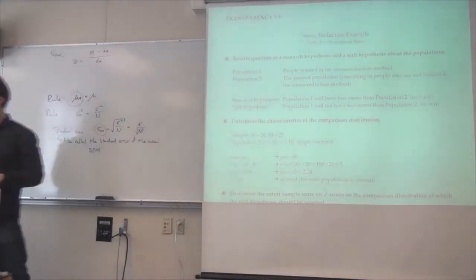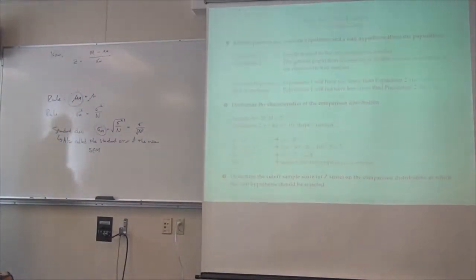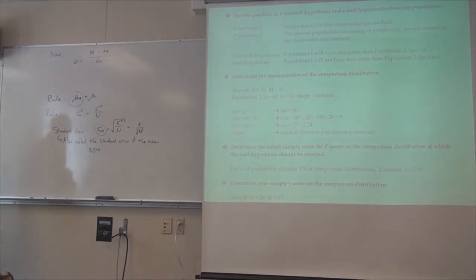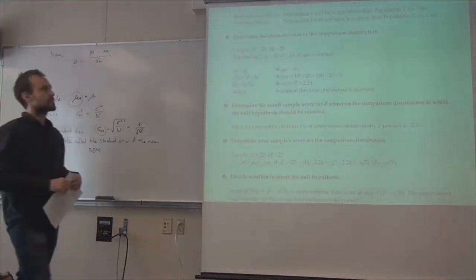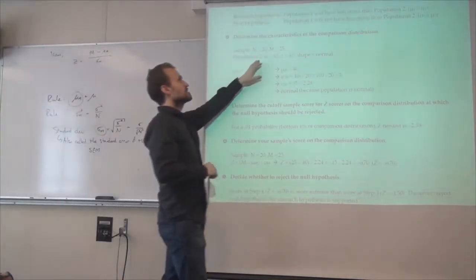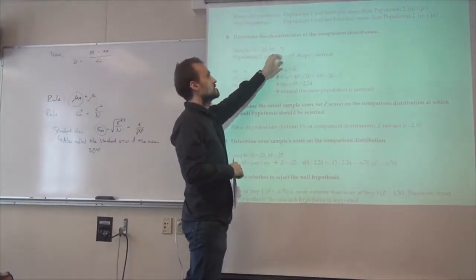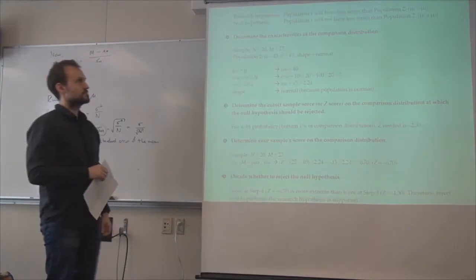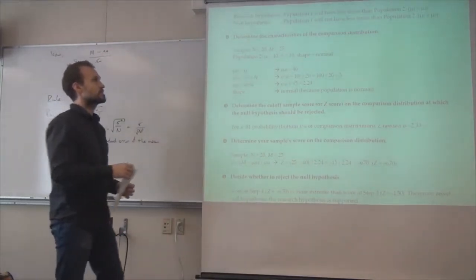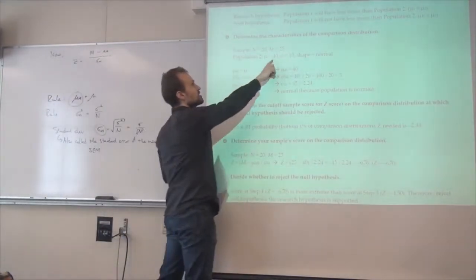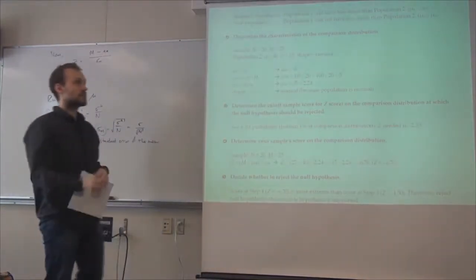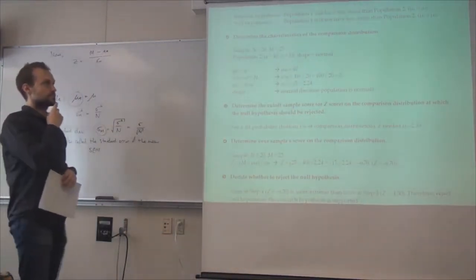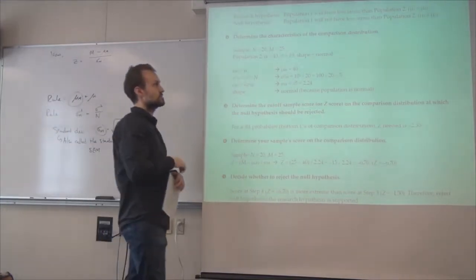So now I am looking at what I have to work with. I have a sample of 20, and I find that the sample mean is 25. And I'm going to compare that to the general population mean of 40, standard deviation of 10, in the individual distribution.